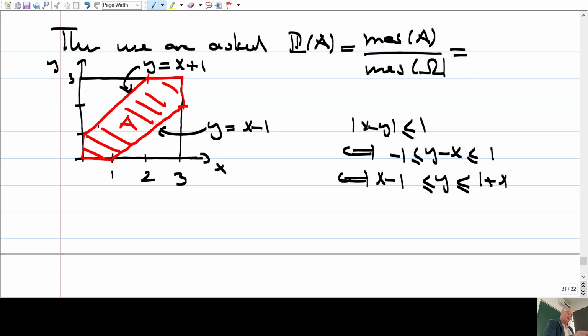So the total area is 9, and I have two triangles here whose sides are 2 and 2.